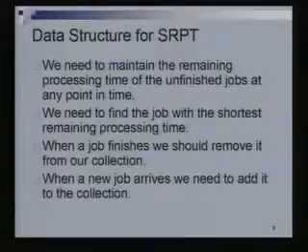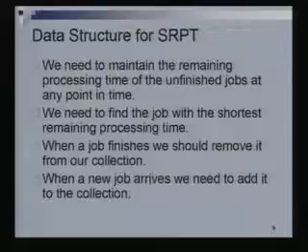But if you were to implement this kind of a policy, what kind of a data structure would you need? That's what we are going to look at. So first we somehow need to maintain the remaining processing time of the unfinished jobs, the jobs that have not been completely finished. They are still with us, they still need to be scheduled for some period of time. We need to maintain that collection.